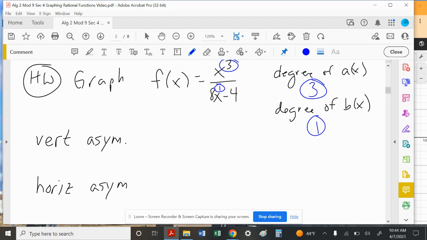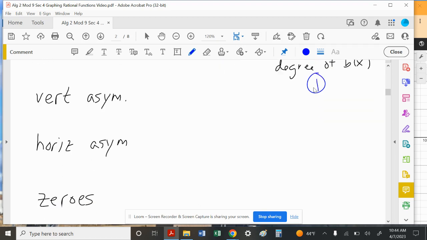So that is 2 degrees bigger than the degree of b of x. So there is no oblique asymptote. There is none.